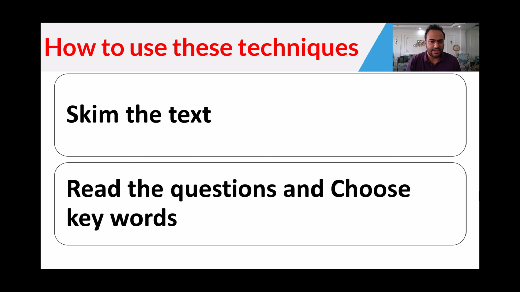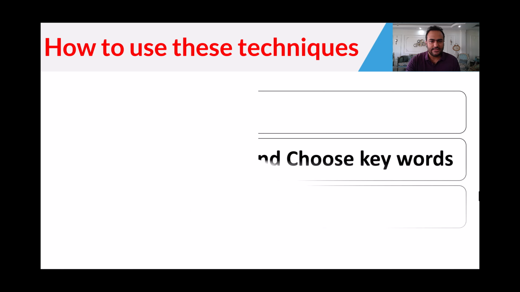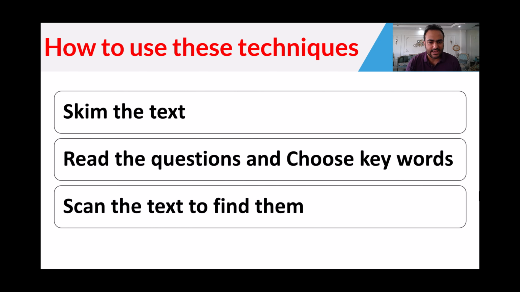Then after that, we can read the questions and choose the keywords. Immediately after skimming, we can go to the questions. The purpose that we have for going to the questions is to find and underline the keywords that we want to scan the passage for. And then we can scan the text to find them.